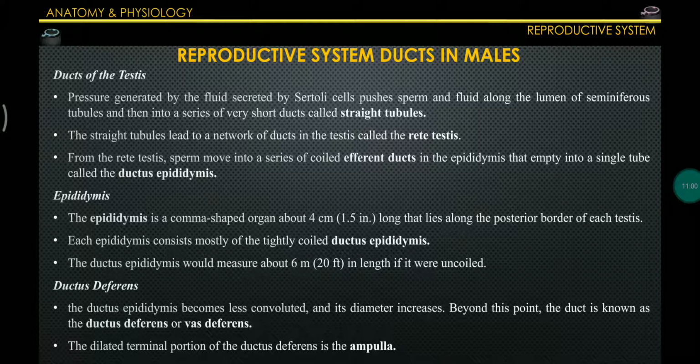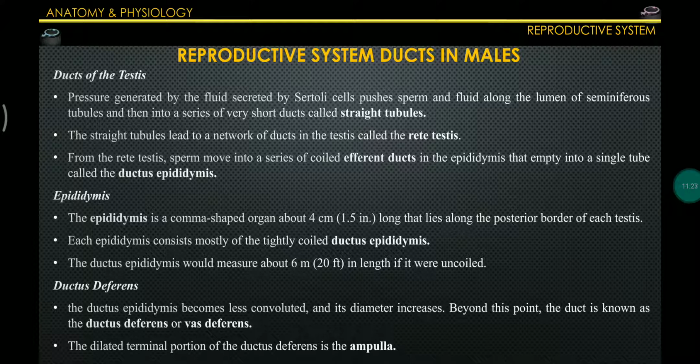These straight tubules lead to a network of ducts which we call the rete testis. From the rete testis, they form a series of coiled ducts called efferent ducts, which are present in the epididymis and help in the movement of sperm into the epididymis.